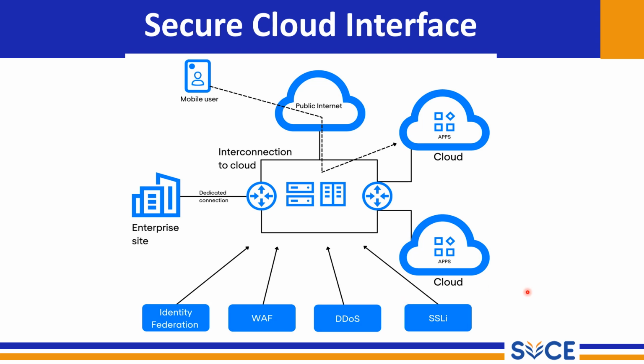Here are some external APIs like federation, or WAF for DDoS protection or SSL. And by using some Python code, for developing an IAM client, you can create something in Python to monitor the roles and responsibilities. Okay, so this is all about the secure cloud interface.